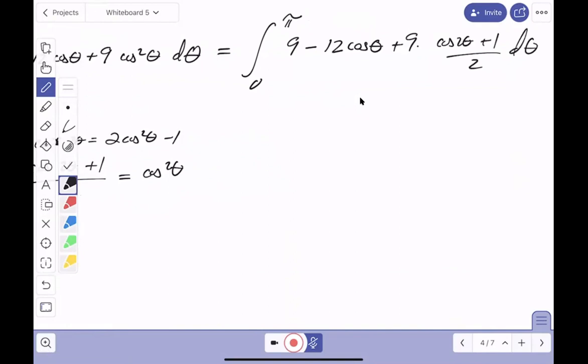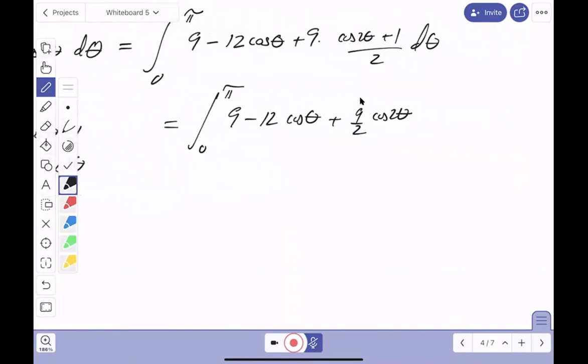And I have to clean it up. And I realize that might be difficult to do, but I want to clean it up because it just doesn't look right to me. So let's write this over here, 0 to pi, 9 minus 12 cosine theta plus 9 halves cosine 2 theta plus 9 halves.